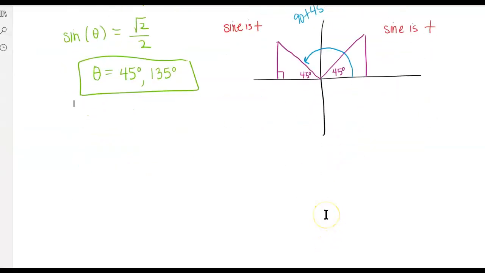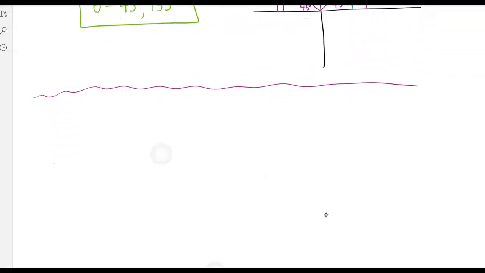All right, one more thing that I want to show you, and it just comes up in a couple of applications. It's called degrees, minutes, seconds.